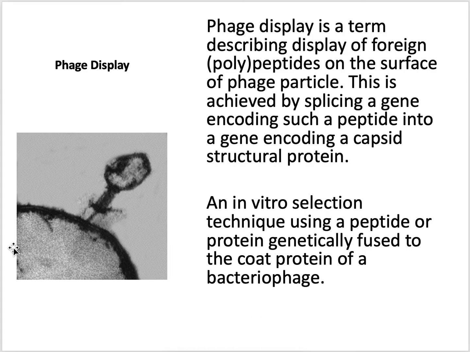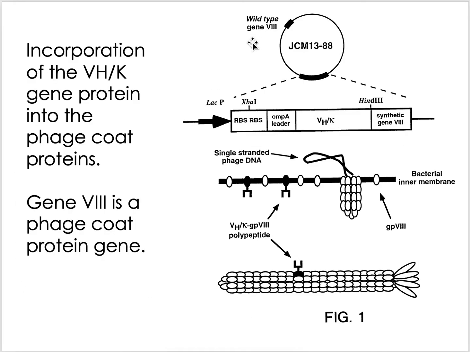So what is the basis of phage display? What is a phage? A bacteriophage, the virus which kills bacteria. By using recombinant DNA technology, we can display the antibody on the phage. So what do we actually do? Say we know the gene of the phage.